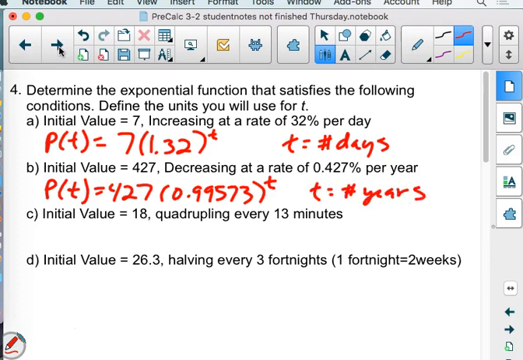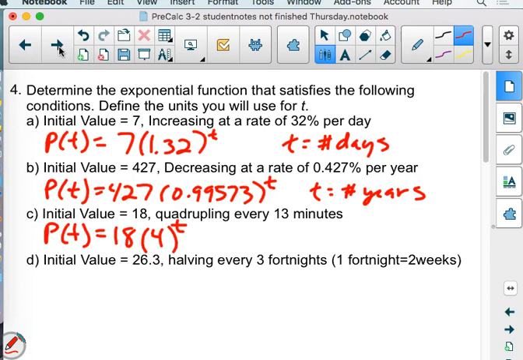For C, P of t equals, what do you start with? 18. Quadruple. What does that mean? Quad, how many? 4 to the t, but they said we have to define t.